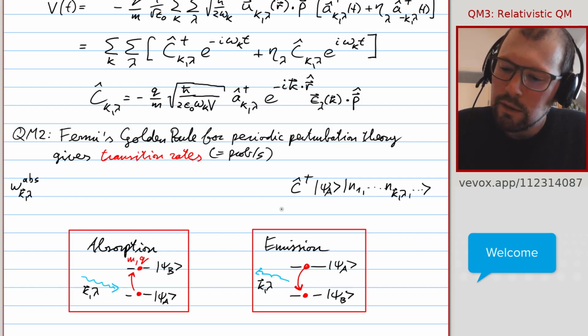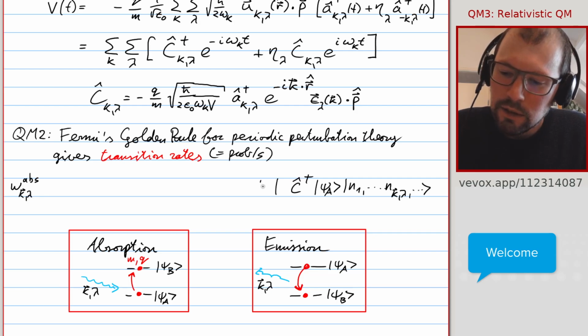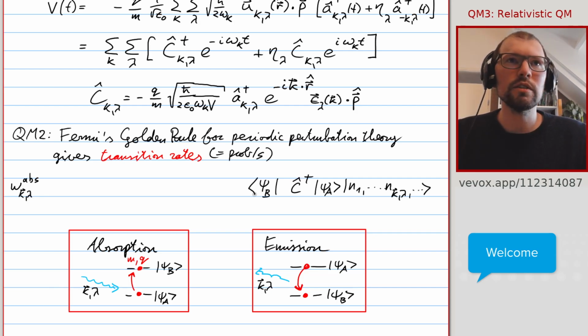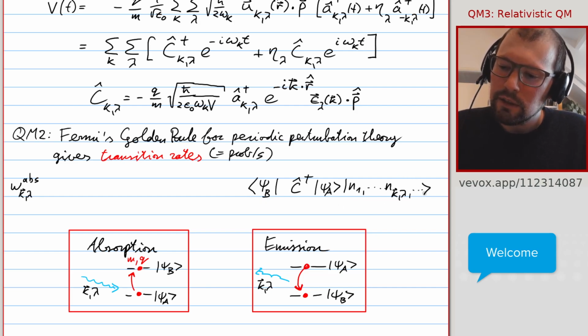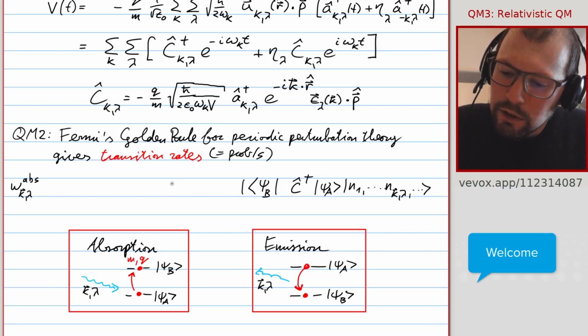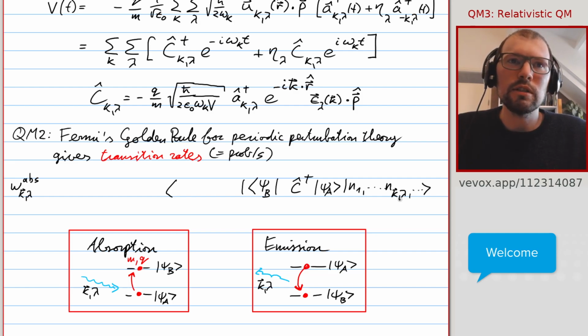Then, what is the final state I want to look at? Well, the excited state of this one particle, so psi b. And the only non-vanishing matrix element corresponds to taking the number of photons in this particular wave mode to be one smaller, because I'm doing an absorption.